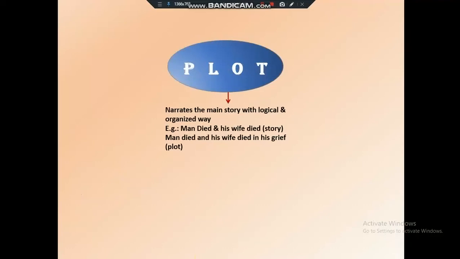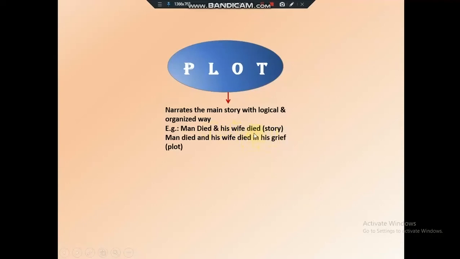So let me explain. For example, this is a story. Any story. For example, man died and his wife died. This is the story. Look here. Man died and his wife died in his grief. This is the plot. This is the plot that is going to explain the reasons: when the man died, what was the reason that his wife also died?